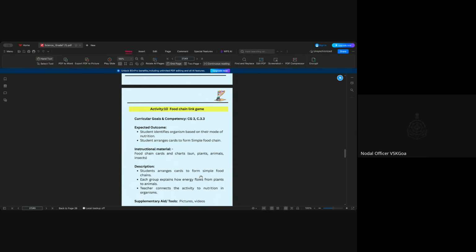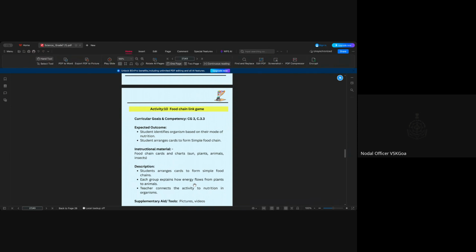Let them use these cards to form a simple food chain and let them try to explain why they have put it in a particular line. A simple food chain starts with plants, then basically a little bit higher order.